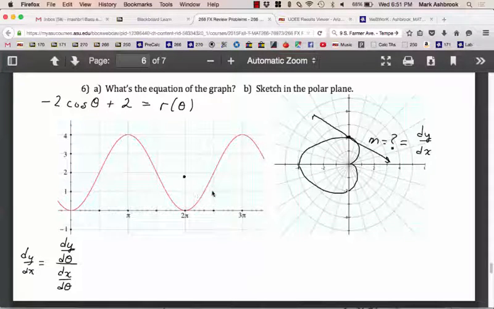Okay, so what is y in terms of theta? We have r in terms of theta, but what's y in terms of theta? r sine theta, right? We know that from our conversions. And what is x? r cosine theta.